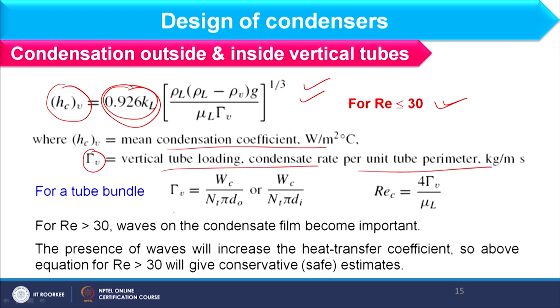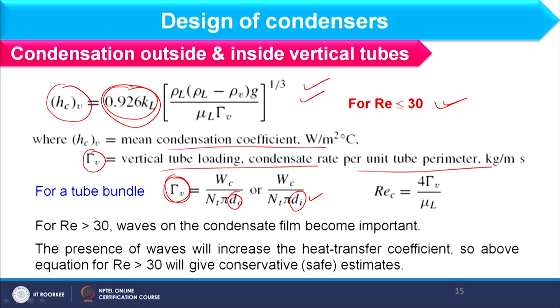For the tube bundle, we can consider gamma V equal to WC by NT pi d naught, and again we can consider this as WC by NT pi di, right. So, you see here I have d naught and here I have di.